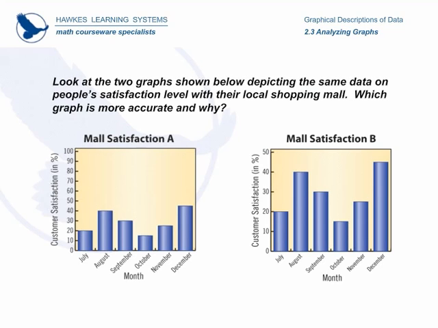Mall satisfaction B is enumerated from 0 to 50. Which one of these depictions of the same data is more accurate and why? Think about it.